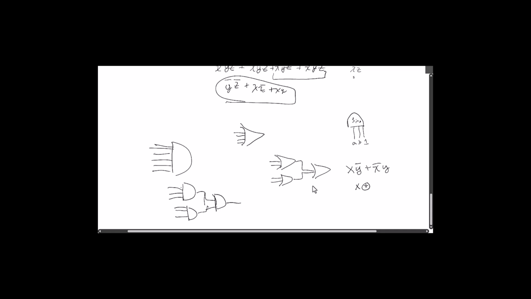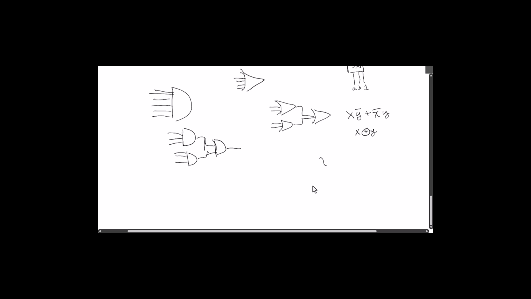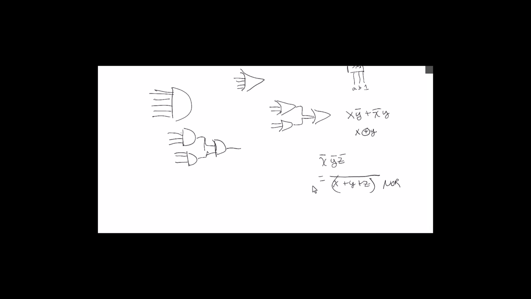So that's the same as X exclusive OR Y. Also be on the lookout for, if I have X bar, Y bar, Z bar, that is the same as X or Y or Z, bar, so that's a NOR. So X bar, Y bar, Z bar is the same as the NOR of X, Y, Z.